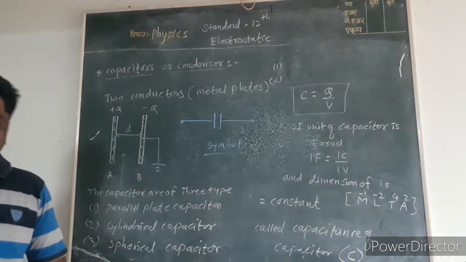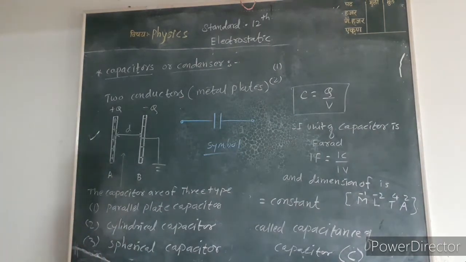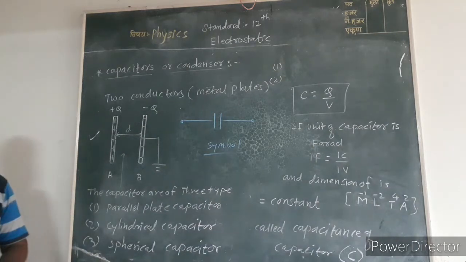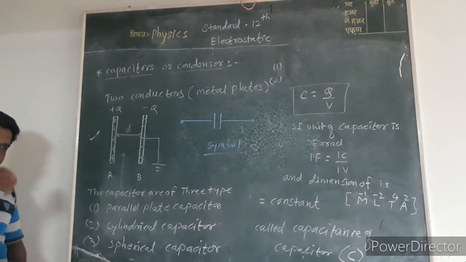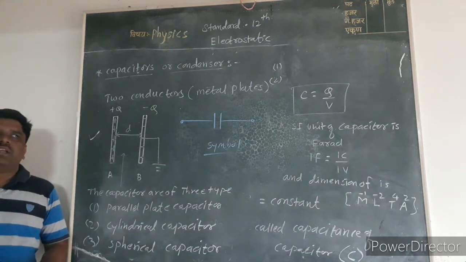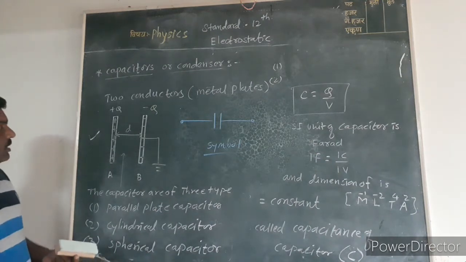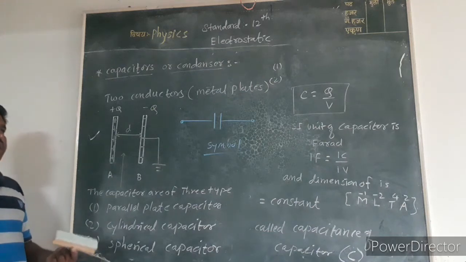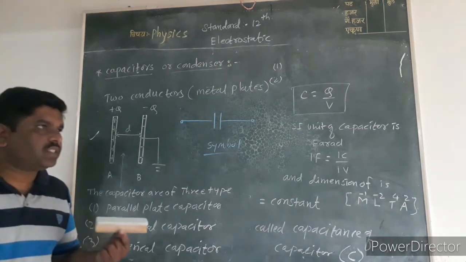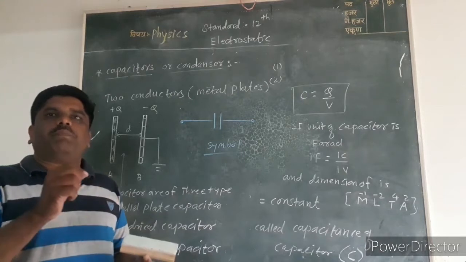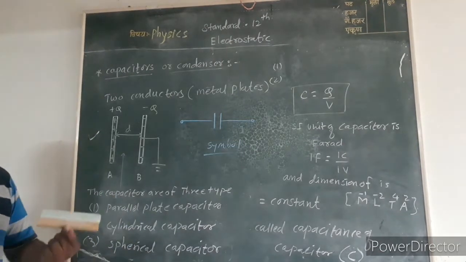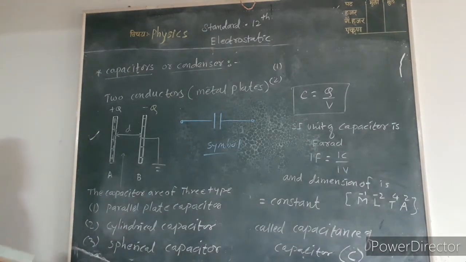Then we study number of capacitors connected in series and number of capacitors connected in parallel. In 10th and 11th standard, we studied a number of resistors connected in series and in parallel.